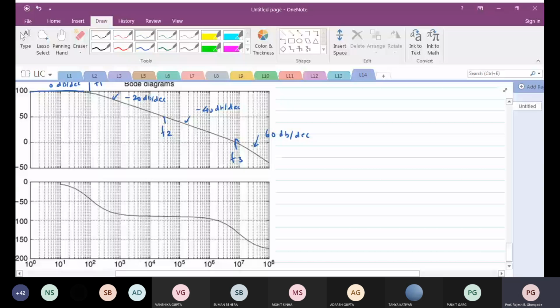First of all, there is one very important thing about stability.